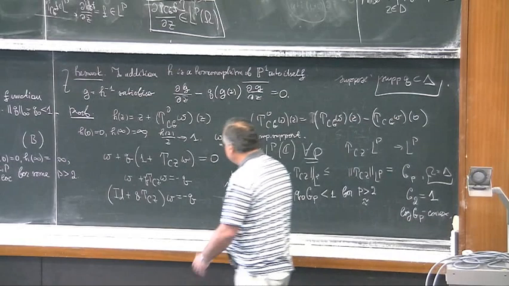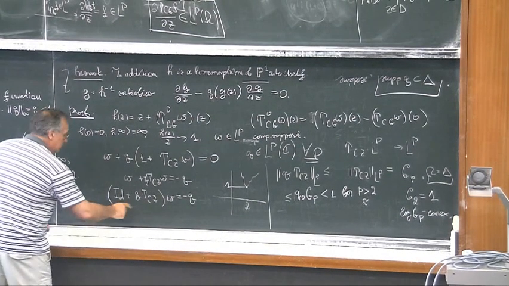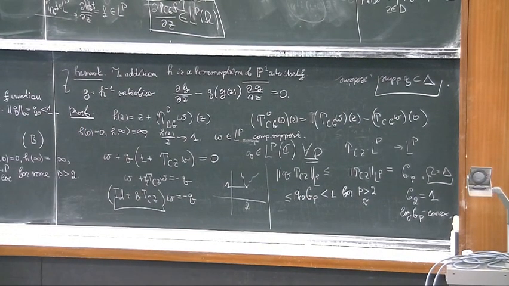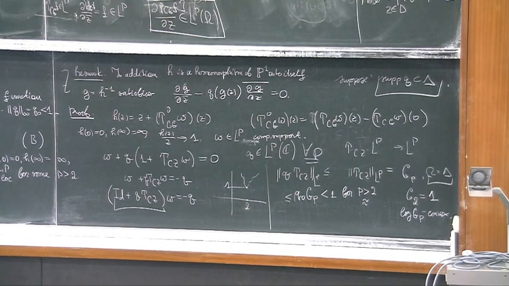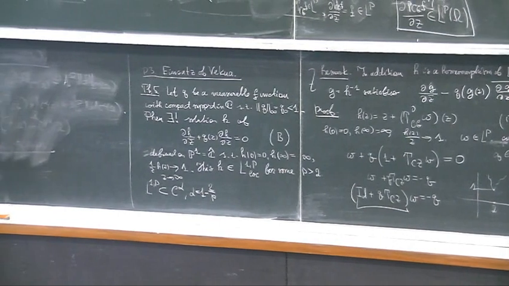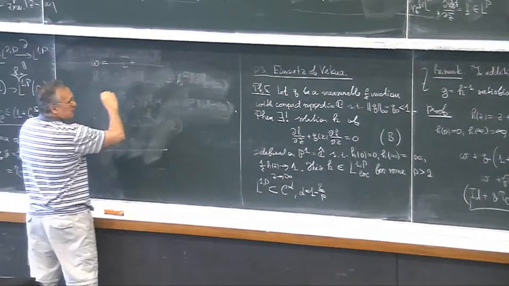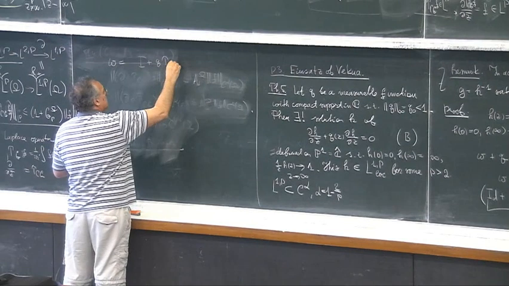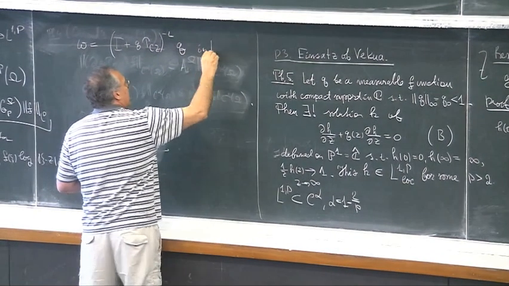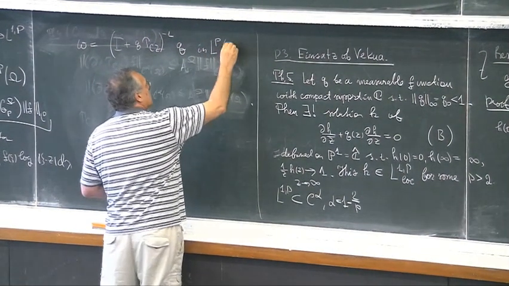So what does that mean? Now I have this, I want to invert this operator. If this term has a norm less than 1, then this operator is invertible, and therefore I can find a solution to my problem, omega, as identity plus q times Calderon-Zygmund, inverse, of minus q in LP of the disk.